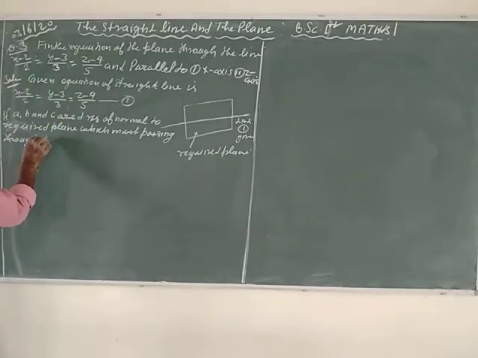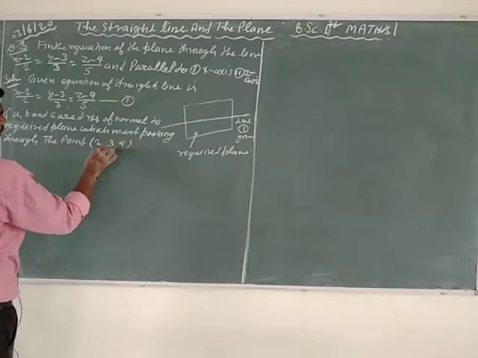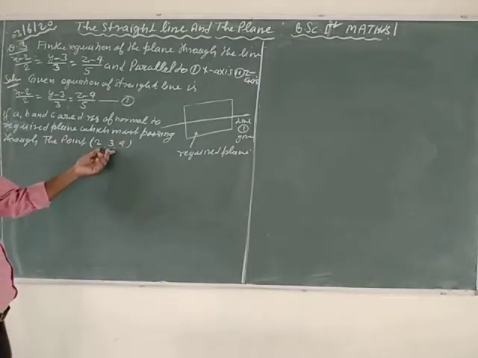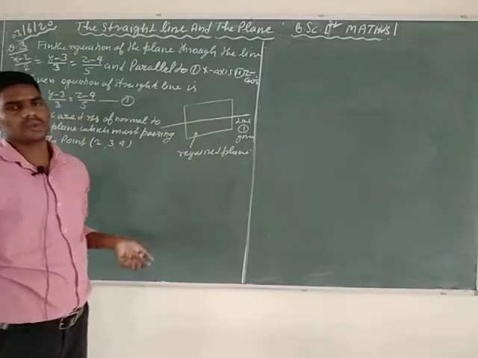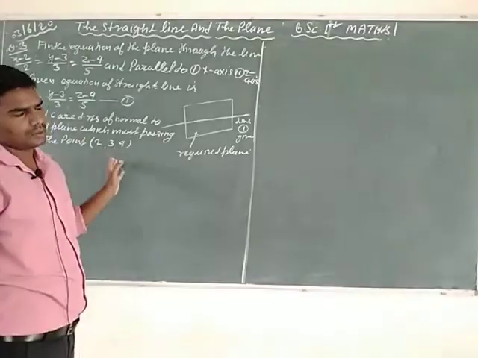So the required plane is also passing through the point 2, 3, 4.